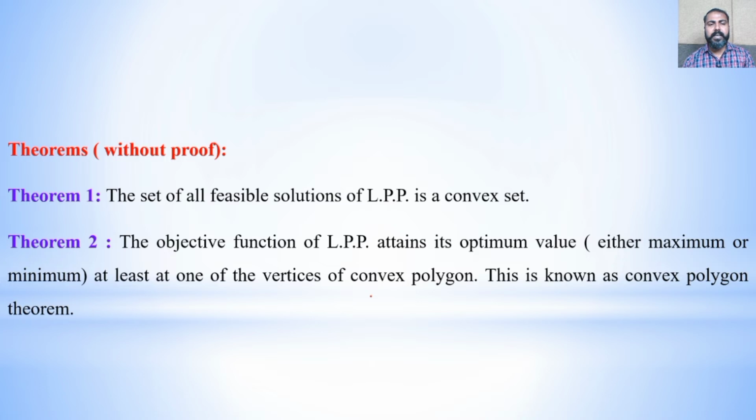And here is the second theorem: the objective function of LPP attains its optimum value, either maximum or minimum, at least at one of the vertices of convex polygon. This is known as convex polygon theorem.